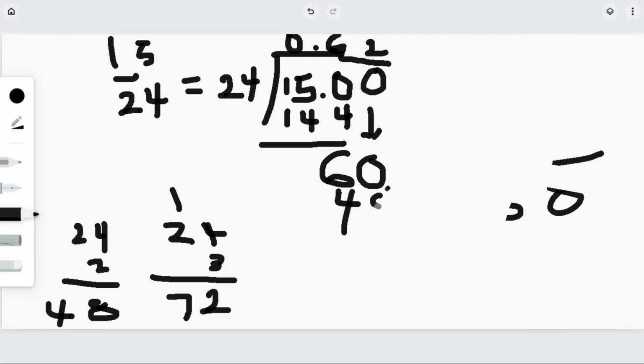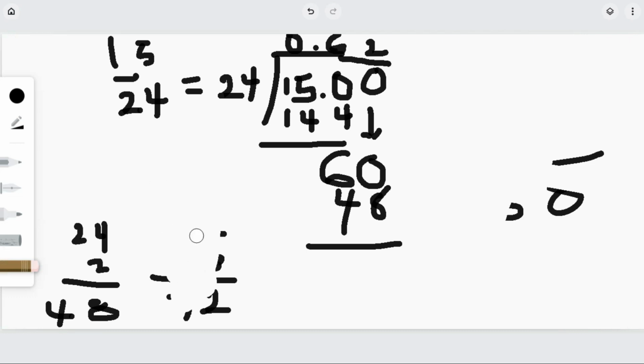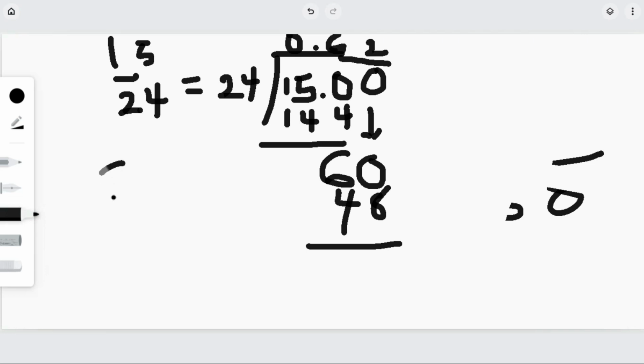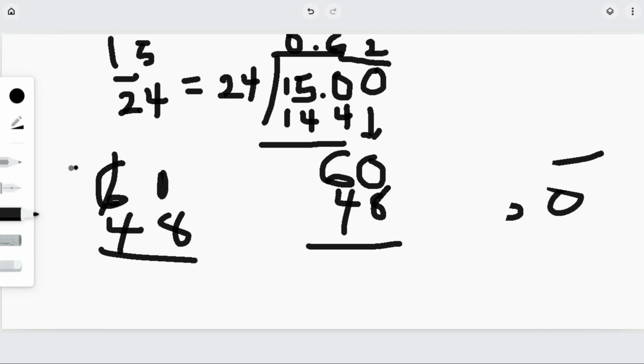Now if you subtract this one now, let me rub this off. So let me quickly rub this off. Now if you now have 60 minus 48, so you cancel this one, this will remain 5, right?